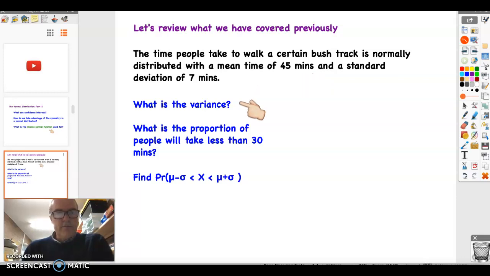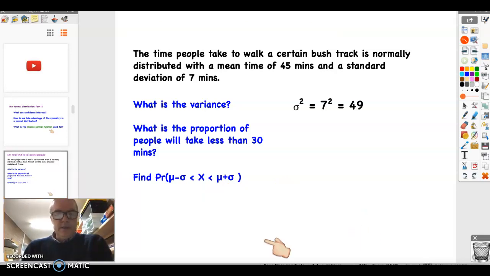What is the variance of this distribution, what proportion of people will take less than 30 minutes to complete the walk, and what's the probability that X lies between one standard deviation above or below the mean of this distribution?